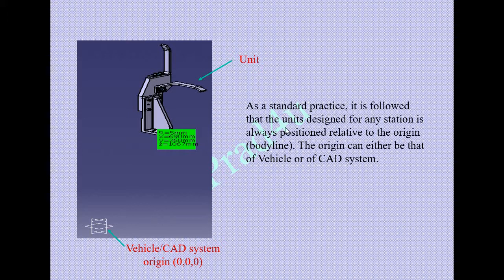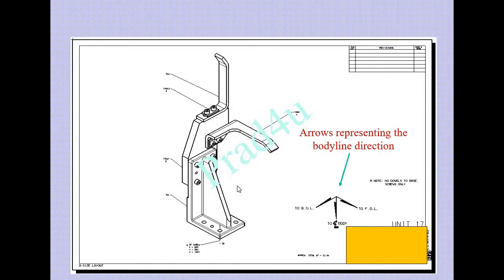It is followed that the units designed for any station are always positioned relative to the origin body line. The origin can be either that of the vehicle or of the CAD system. This is the 2D drawing of that BIW fixture part.